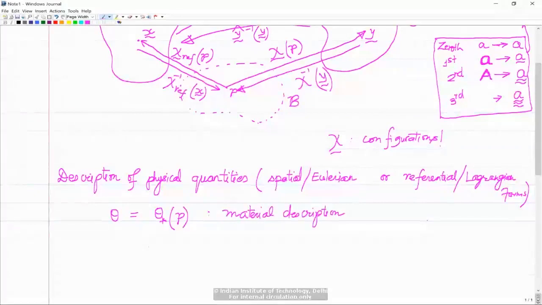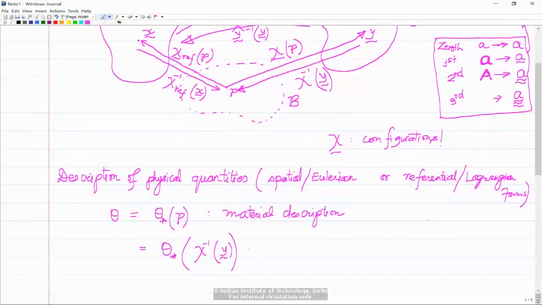You could also write this as theta star, and then for particle P, you use this inverse map, chi inverse of y. So this can together be thought of as some theta bar, which is a function of y.